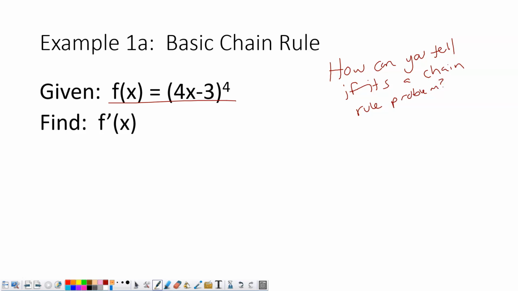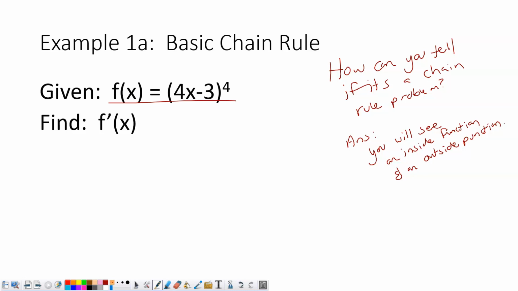You can tell it's a chain rule function because you will see an inside function and an outside function.